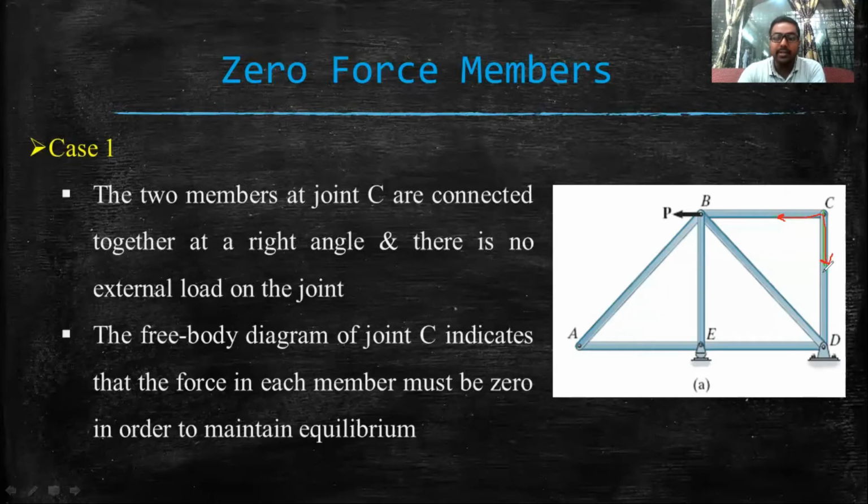We have identified that member BC and member CD are zero force members, without even going for mathematical calculation and without any other derivation. Just by looking at the joint and visually understanding the situation, we can say that member BC and member CD are subjected to zero force.